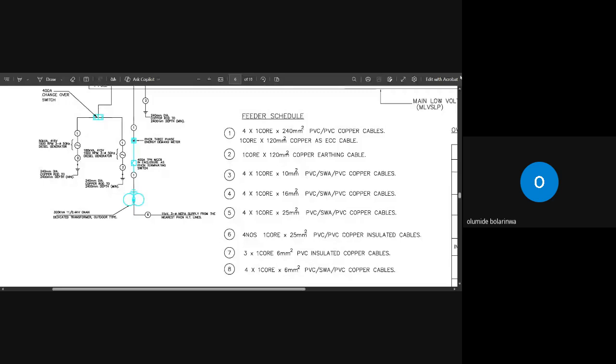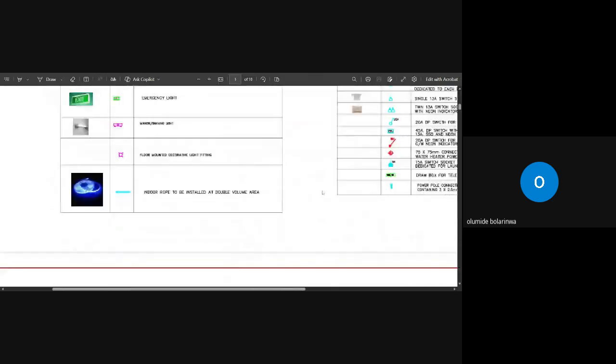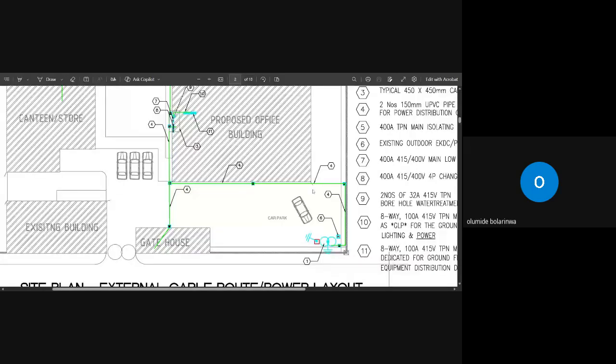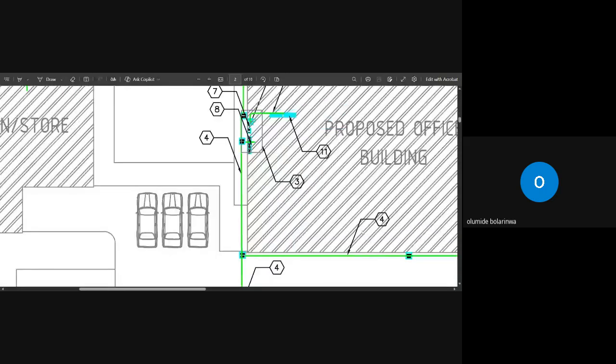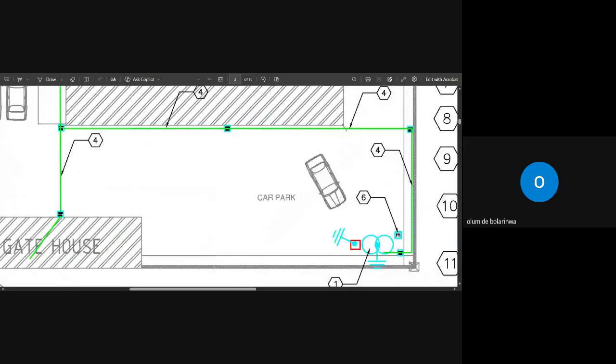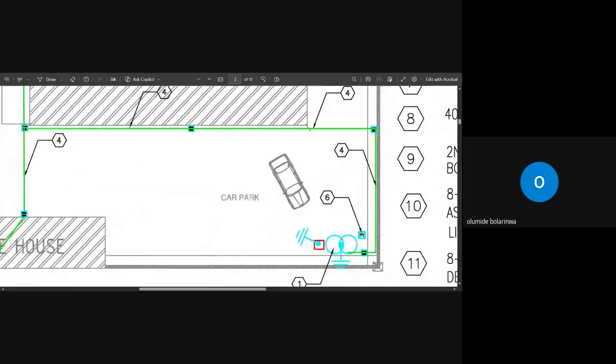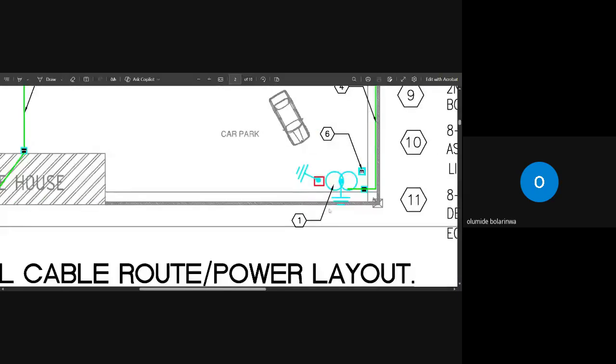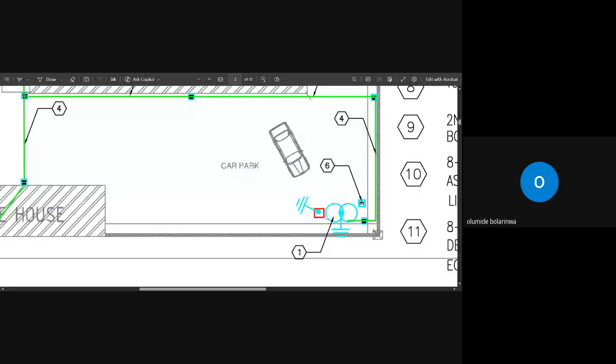Look at this site layout. It is your site layout that you can see here. You can see where they wrote number 1. These are number 1, high tension into the transformer. From this transformer, they now tell us what our next cable is. Is running from transformer to where?